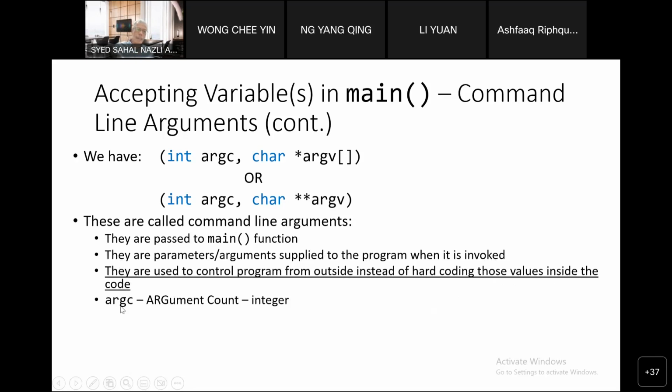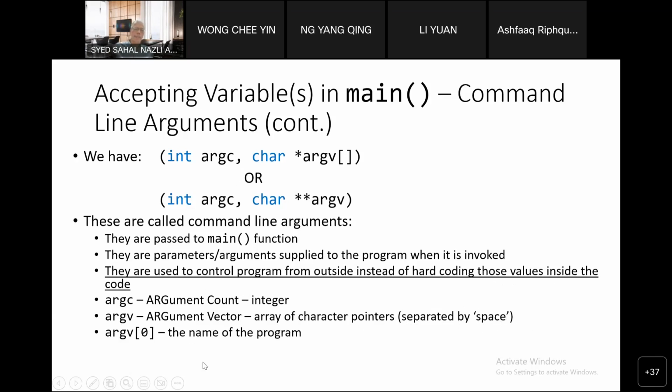ARGC, the first argument, is always the integer count, and the second one, ARGV, is always an array of character pointers separated by space. Actually, the first one is the file name, the name of the program.